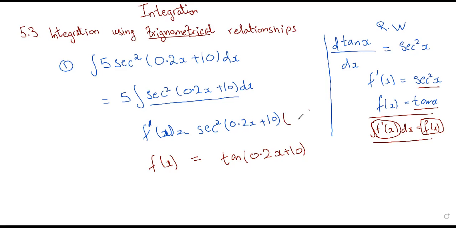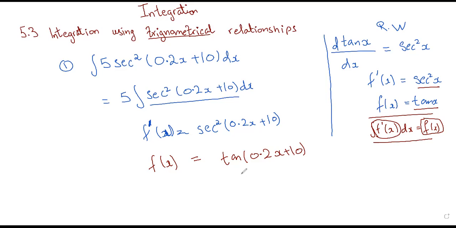What is that something? 0.2. The derivative of this inner function, right? If this was the function, we would have had secant square and this with 0.2, because the derivative of this inner function would come here. But things are not like that. We only have this f dash of x.